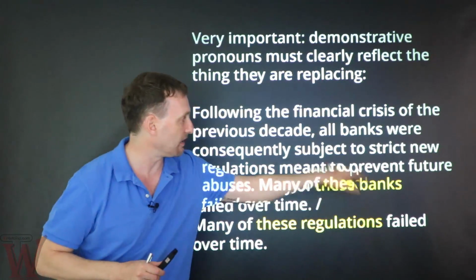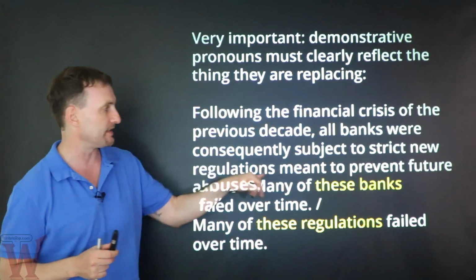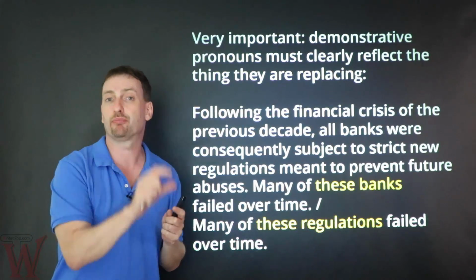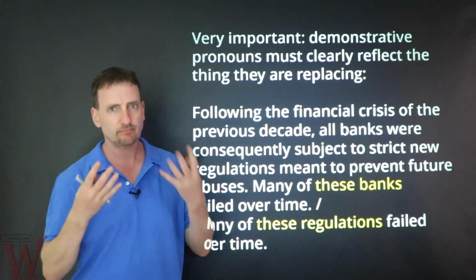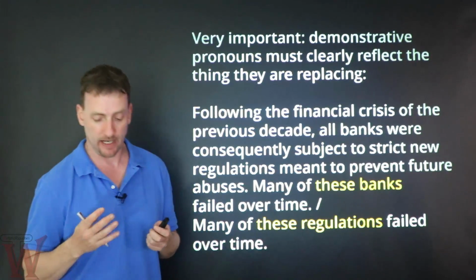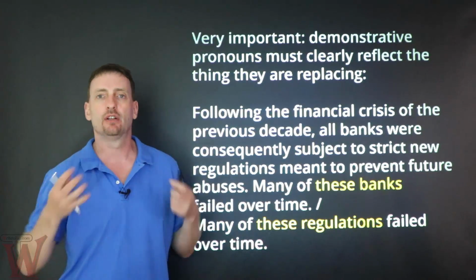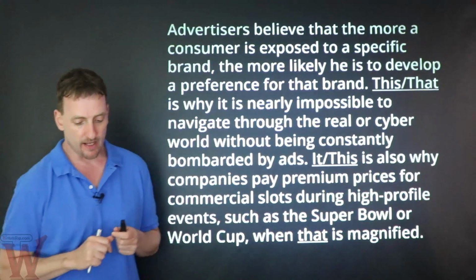So these banks are actually all banks. Or these regulations are the ones that are meant to prevent. It doesn't matter if you're repeating it with the pronoun, because then you're just emphasizing it. It's actually adding strength to your writing, okay? If you don't introduce them again, you're asking the reader to make that assumption, and never ask your reader to assume anything.